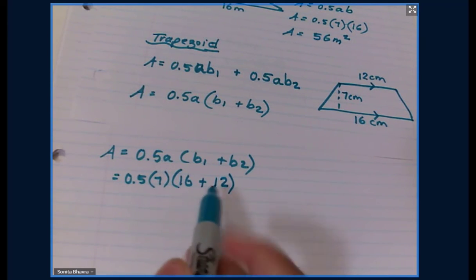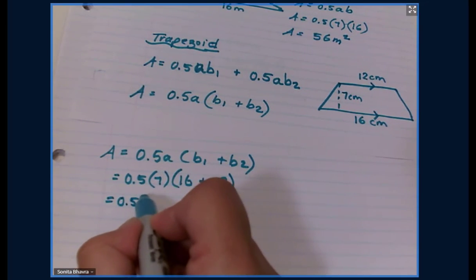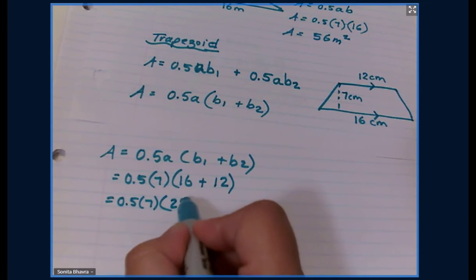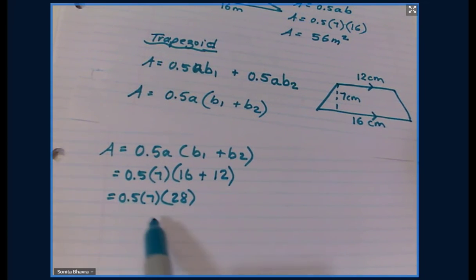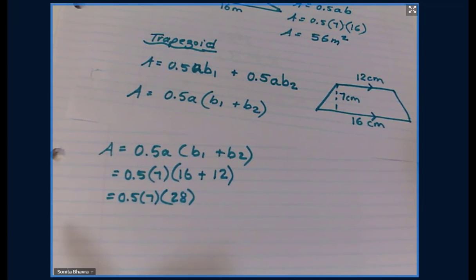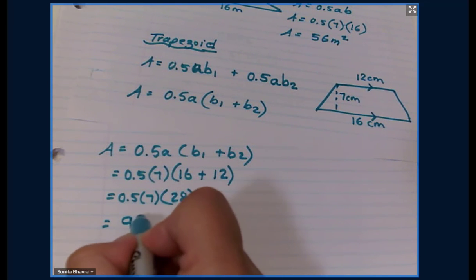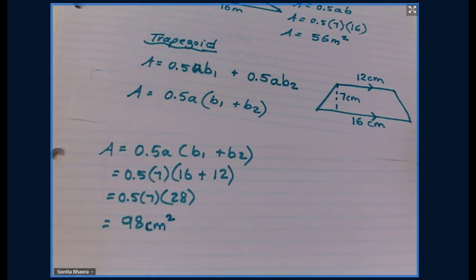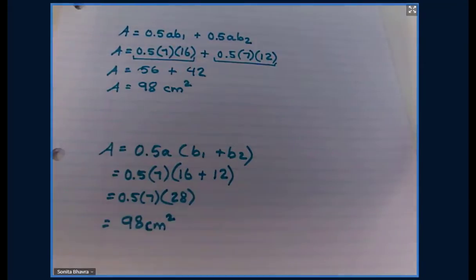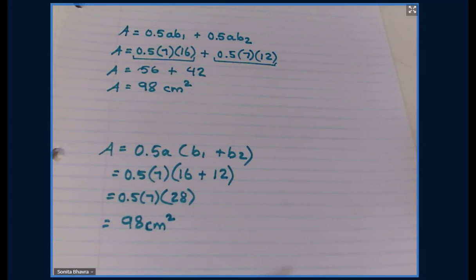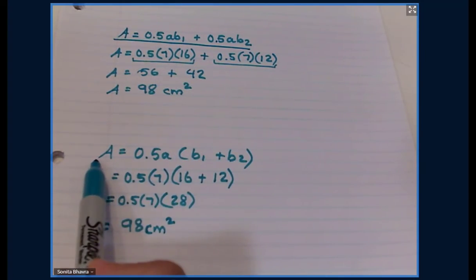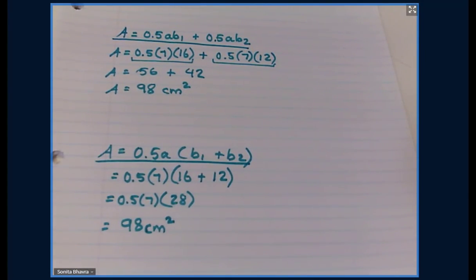We'll add in the brackets first. So 0.5 times 7, 16 plus 12 is 28. All right, so now all we have to do is multiply 0.5 times 7 times 28, which is the same answer as before, 98 centimeters squared. All right, so same answers both ways. So you can choose which formula you want to use. This was the first formula, and that's the second formula for trapezoids.